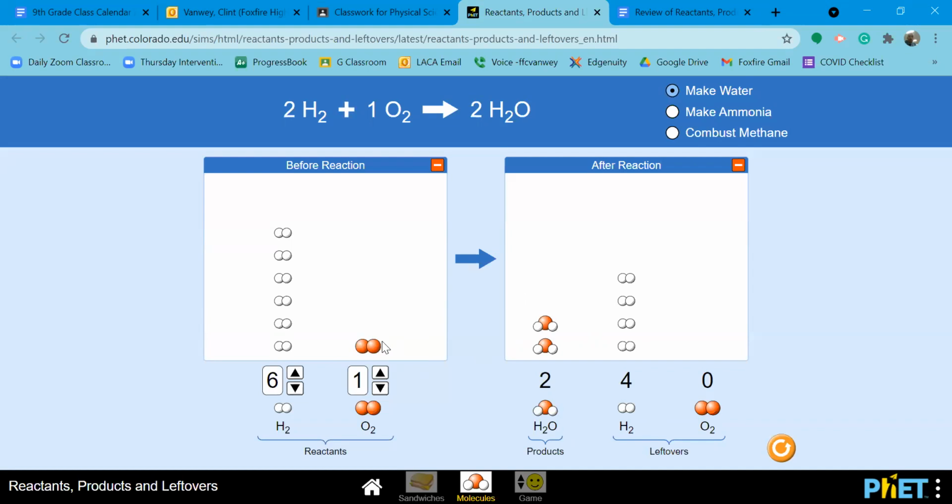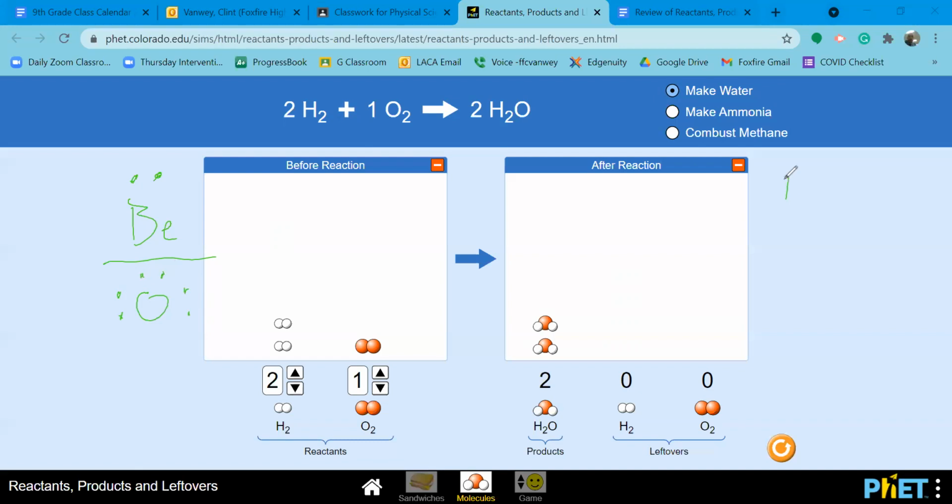Oxygen is going to need 2 electrons on its outer shell, and so its relationship is going to be 2 hydrogens to 1 oxygen, right? But if instead of hydrogen, I had beryllium, right? And beryllium has 2 electrons on its outer shell, then it would be 1 beryllium to each oxygen, right?